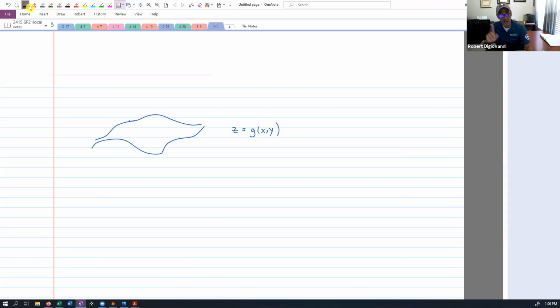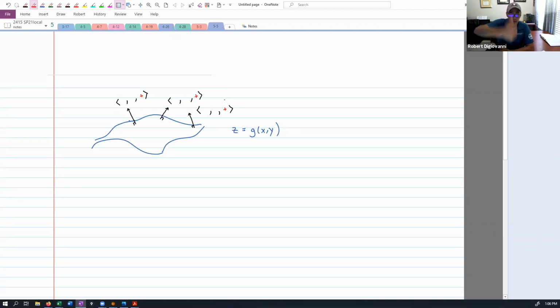Then if you take any normal vector to this surface, the normal vector would be pointing perpendicular to the surface, no matter where I am on this surface. Do you all agree that the z component of all of these vectors must be a positive number if they're pointing up, right?